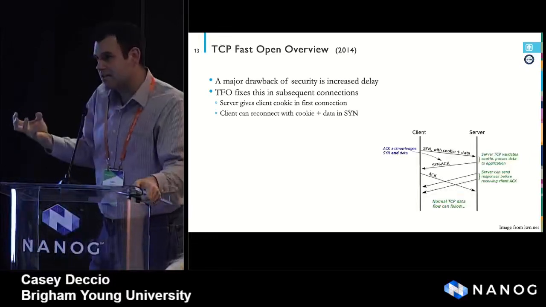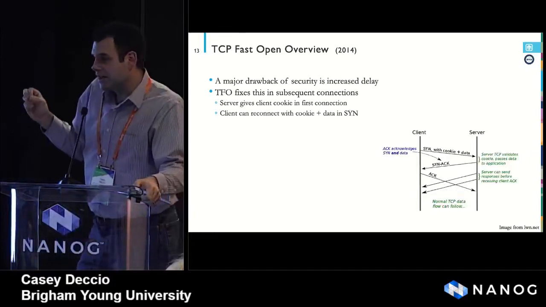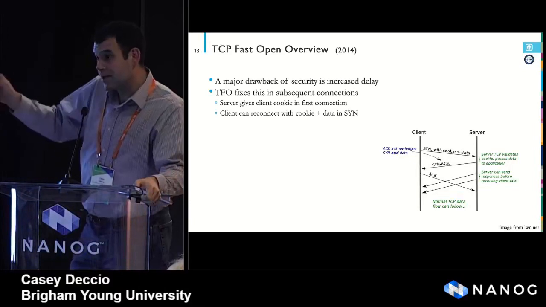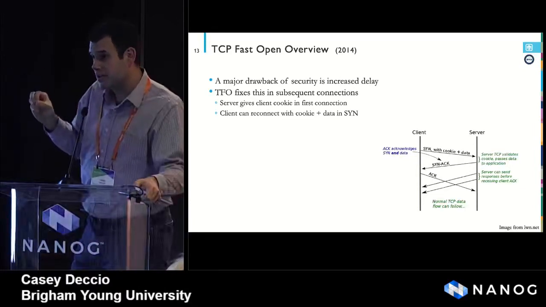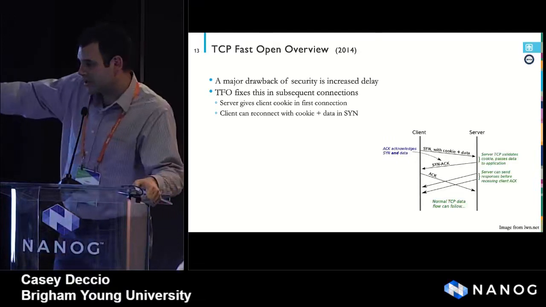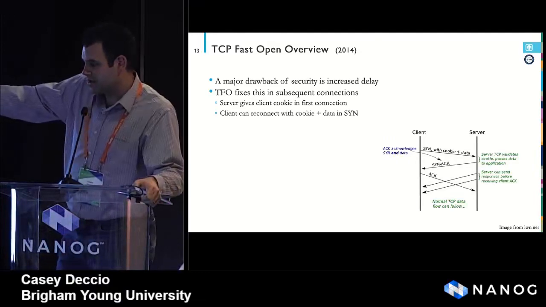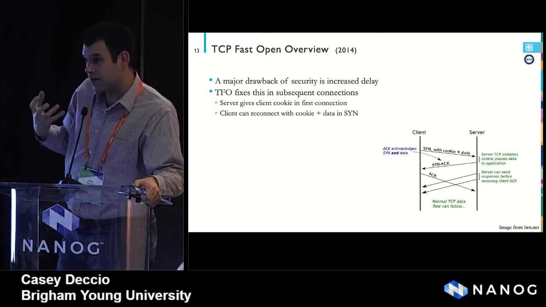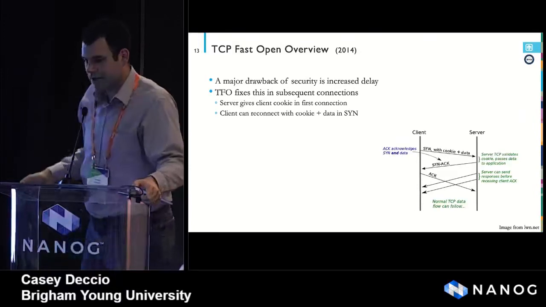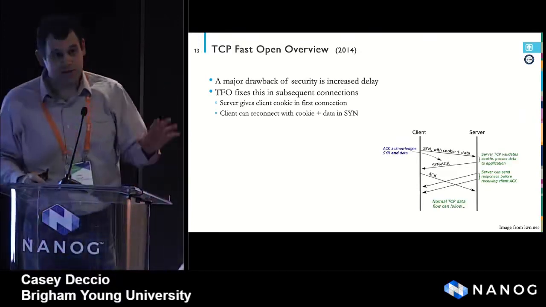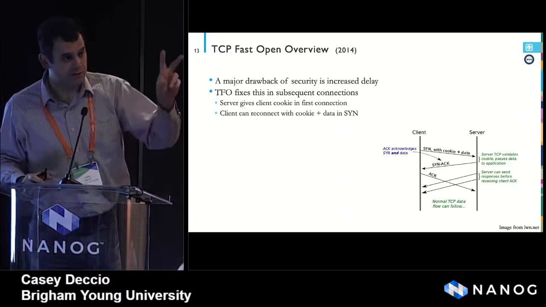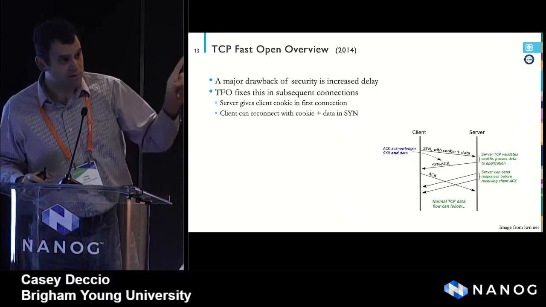What that means is, for a DNS query, if you have a cookie for a server because you have communicated with them previously, you can now send data immediately, and then the response can come back right in the SYNACK, as long as you have the right cookie associated with that. So it reduces your round trip time in a normal TCP connection from 2 round trips to 1 round trip.